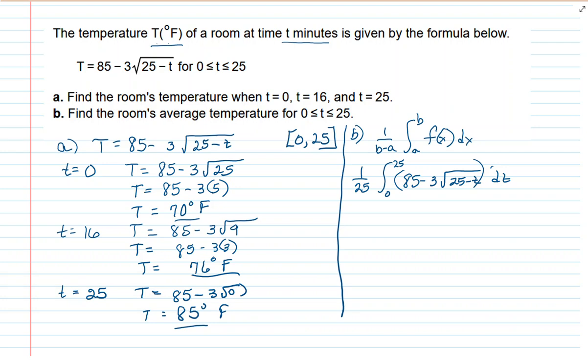So this gives us 1 over 25 of 85t, sorry about that, minus 3 times, and I'm going to change this to 25 minus t to the 1/2, and that's going to make it 25 minus t to the 3/2 times the reciprocal, because we're dividing by it, 2/3.